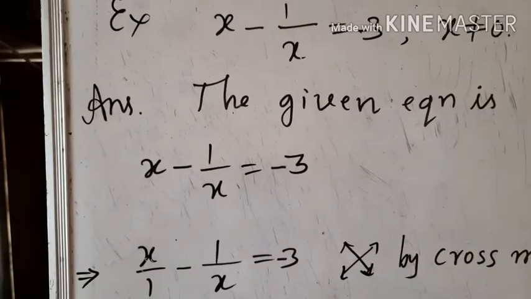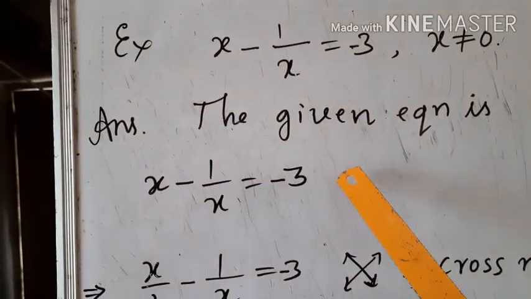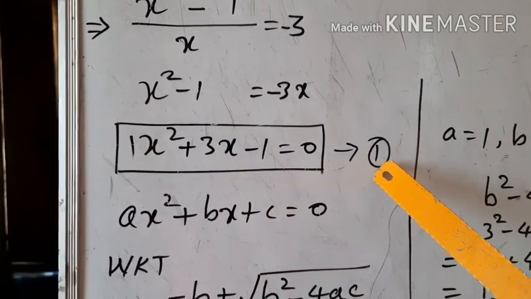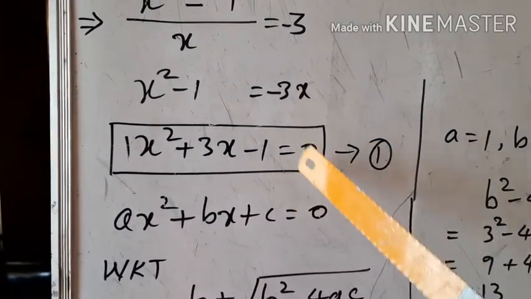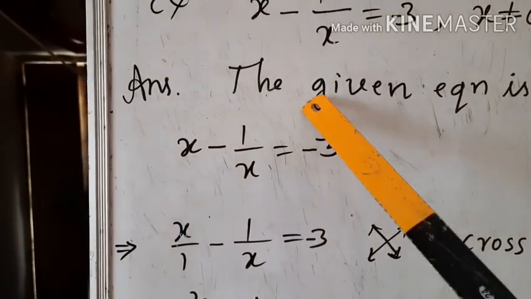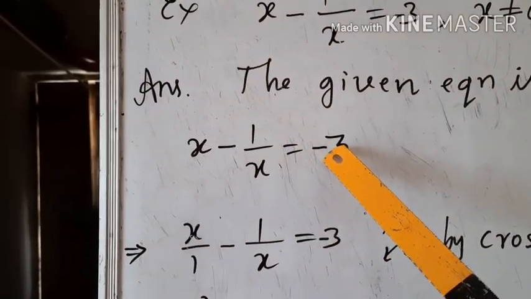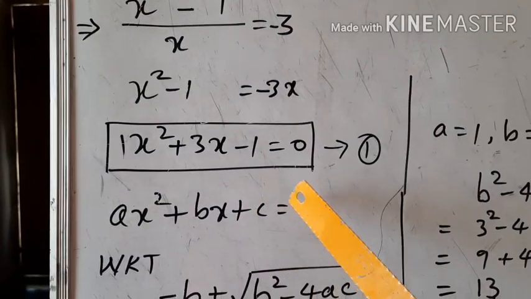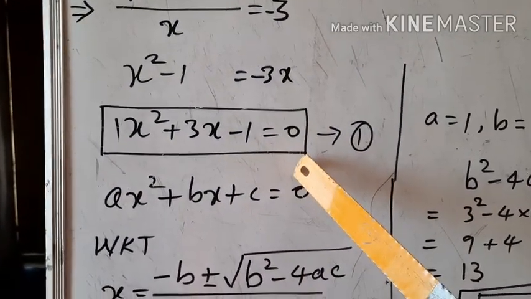Okay, children, x minus 1 by x is equal to minus 3 and 1x square plus 3x minus 1 is equal to 0. Both are the same, but the first does not appear to be quadratic, right? Now, by any one of the methods, you can solve this equation.